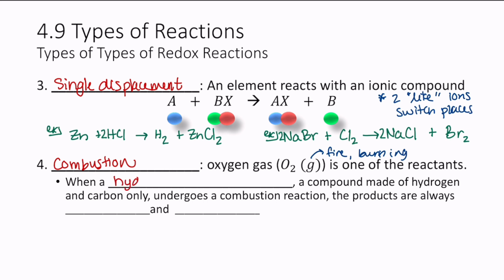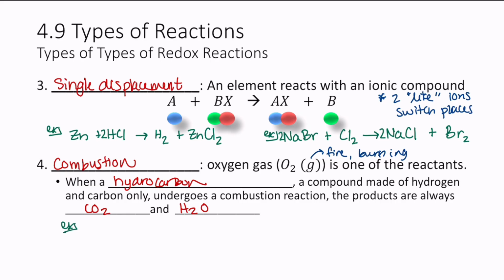When a hydrocarbon, which is a compound made of only hydrogen and carbon, undergoes a combustion reaction, the products are always, always, always going to be carbon dioxide and water.